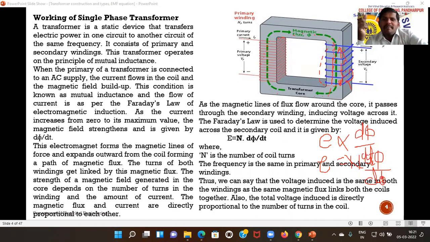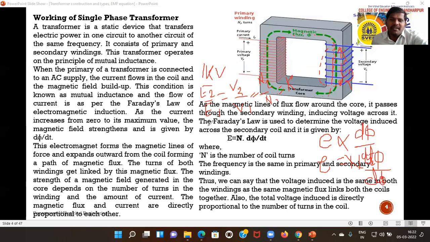If the induced EMF is the same, we can call it an equal kVA rating transformer, or the same kVA rating, or the kVA rating of the transformer is 1. So the transformation ratio we represent, that is E2 divided by E1, is equal to V2 divided by V1, is equal to the number of turns N2 divided by N1, is equal to K. This is the transformation ratio.